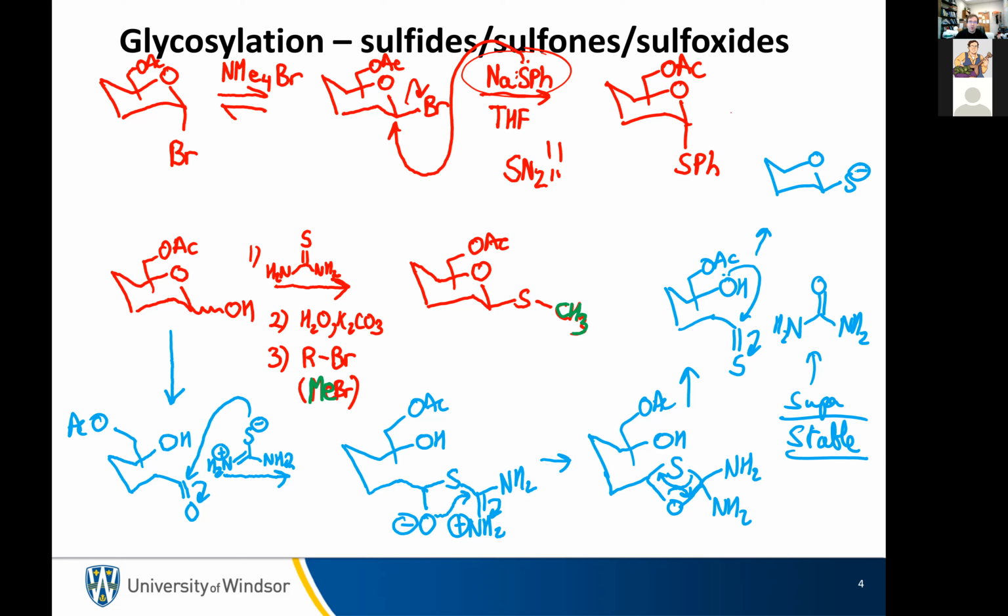It doesn't want more electrons, so it's not going to benefit from an alpha anomeric effect. And then your 1,3 diaxial interactions with the other axial groups here are really, really bad because you have a negative charge. You have a huge electron cloud around you. It wants all the space in the world, especially when you're solvated and a big atom. You can't get an S minus axial to save your life.